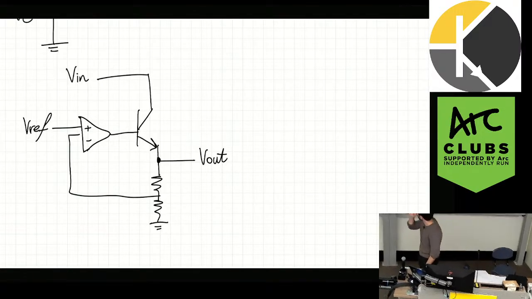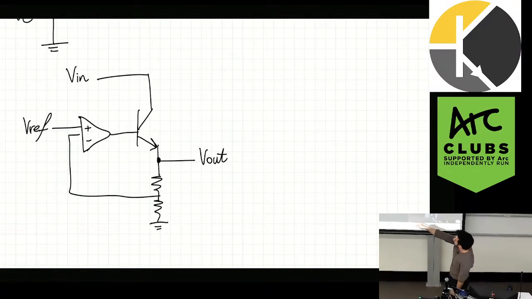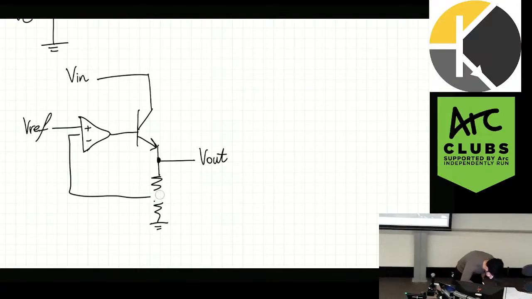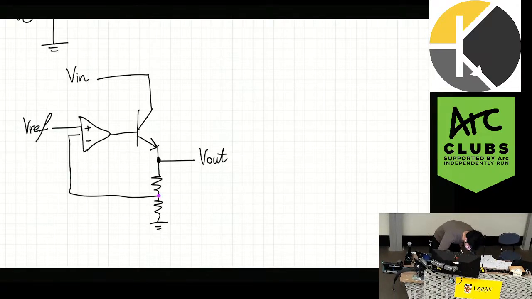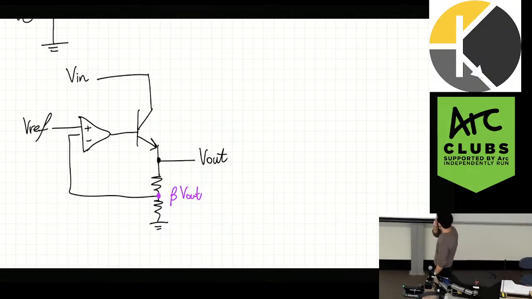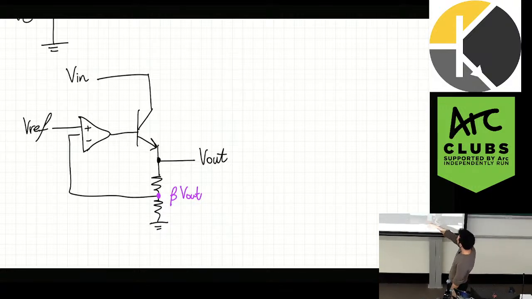Now, the usefulness of this is that this voltage here is some scaled version of Vout, depending on how you choose those resistors. If beta Vout changes because the output is changing, it changes what is at the output of the op amp. And this is extremely common in feedback loops, to use a BJT as a sort of resistor.